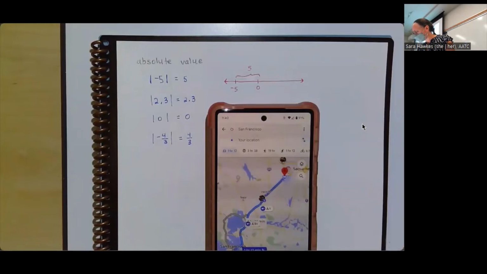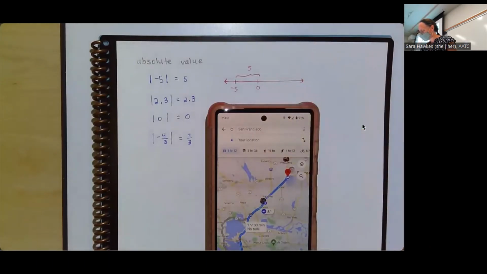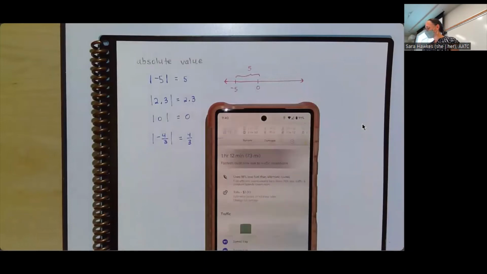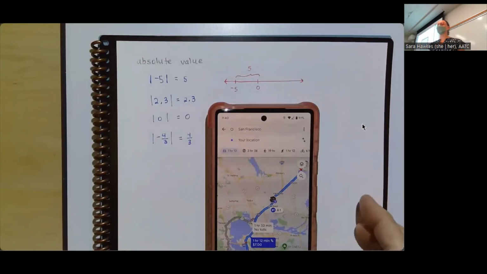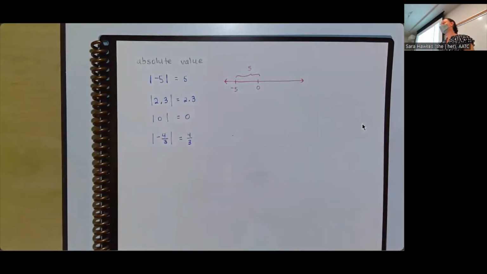Now, I'm going to flip that around and say we're going from San Francisco back to here. And you know what? It still tells me the same distance. Because when we talk about the distance between two places, we don't think about one of those directions as being negative 73 miles and one of those directions being positive 73 miles. So when we're talking about the distance on the number line, that distance is always going to be listed as that positive number.